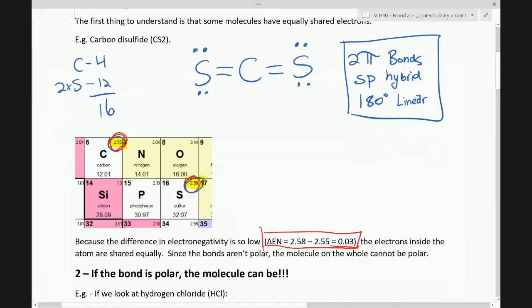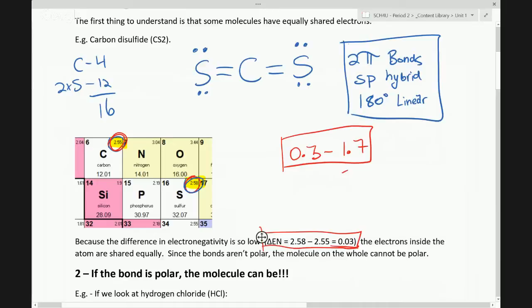And if you remember, we typically define as polar anything from 0.3 up to 1.7. You'll see some textbooks that say 0.5 to 1.7. You'll see others that say 0.5 to 1.5, but we'll work with this as a definition.